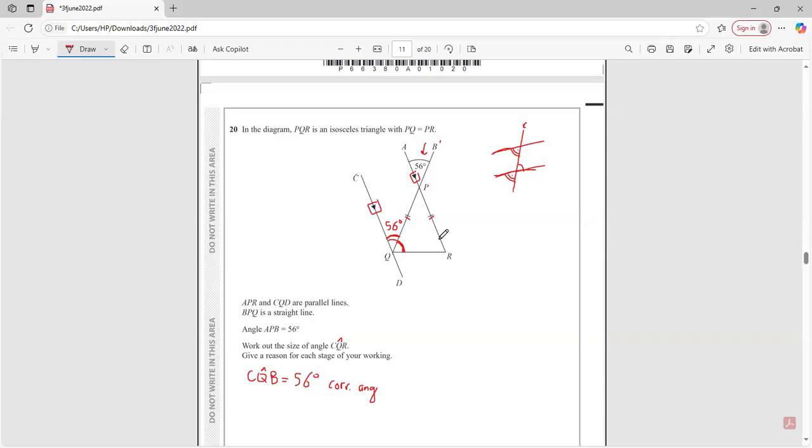I'm going to try and find this other angle. Why? Because this other angle is equal to this angle. So if I can find this angle, automatically I found this angle. So question is, what is this angle? Let's see if we can find something that will give us a clue.